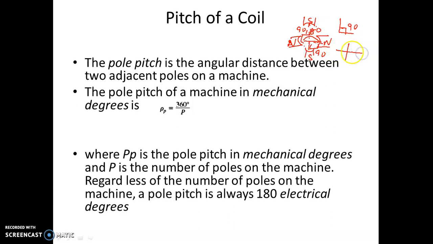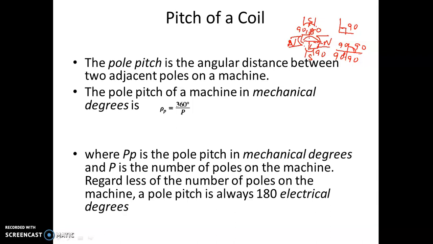So for 4 poles, the mechanical displacement between consecutive poles is 90 degrees each. As the number of poles increases, the mechanical separation between the poles decreases.